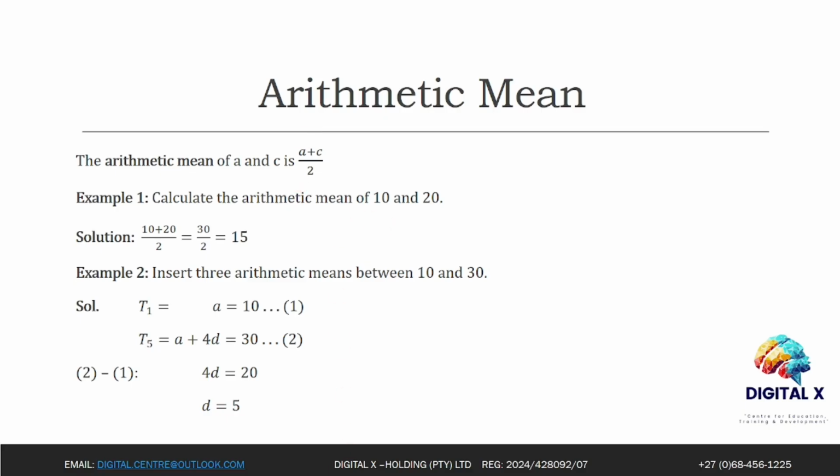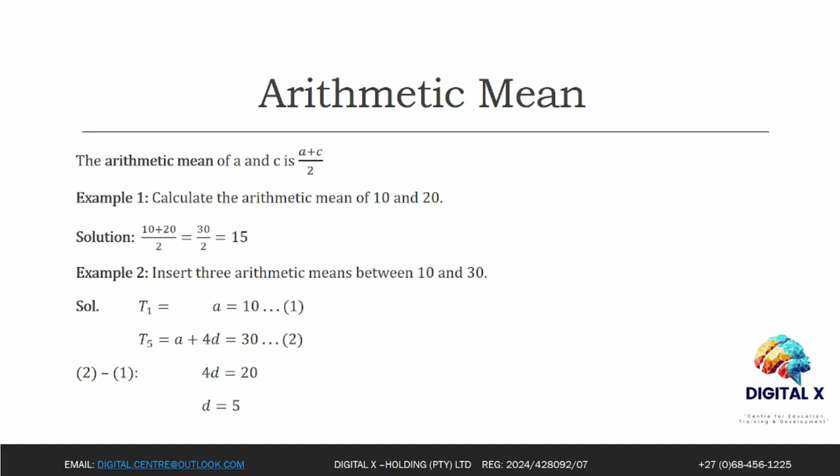So let's look at example 1 here, which requests us to calculate the arithmetic mean of 10 and 20. Like I said, the arithmetic mean of any two real numbers a and c is the average.